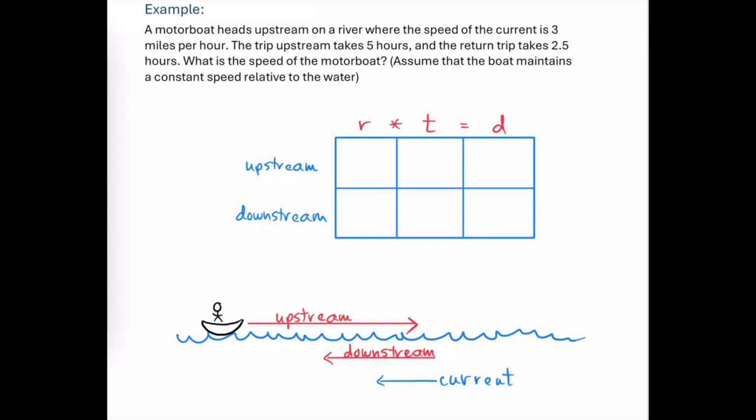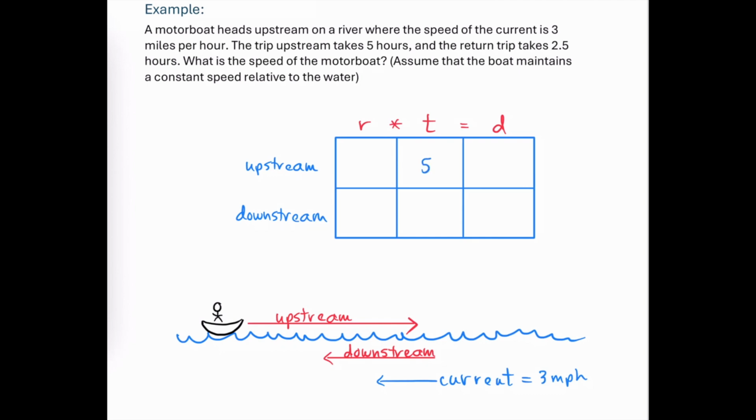Let's look back into the problem to see if we're ready to start populating some of the cells in our table. Rereading the question, it says, a boat heads upstream on the river where the speed of the current is 3 miles an hour. Since we're being told the speed of the current, let's go ahead and label that quantity in our concept drawing. The trip upstream takes 5 hours, so we can put 5 in our time column.